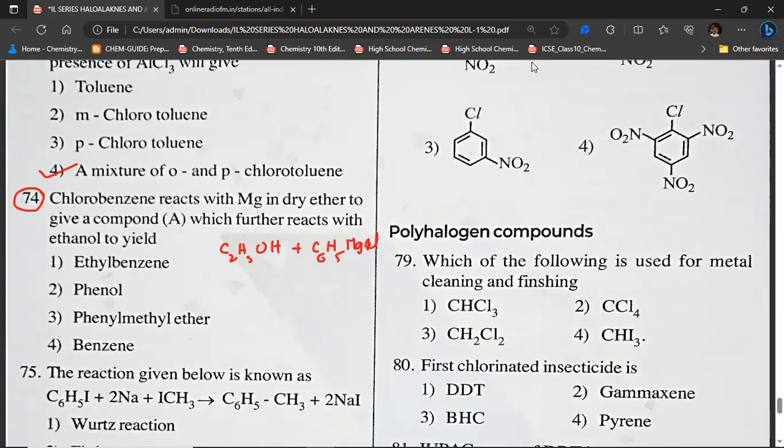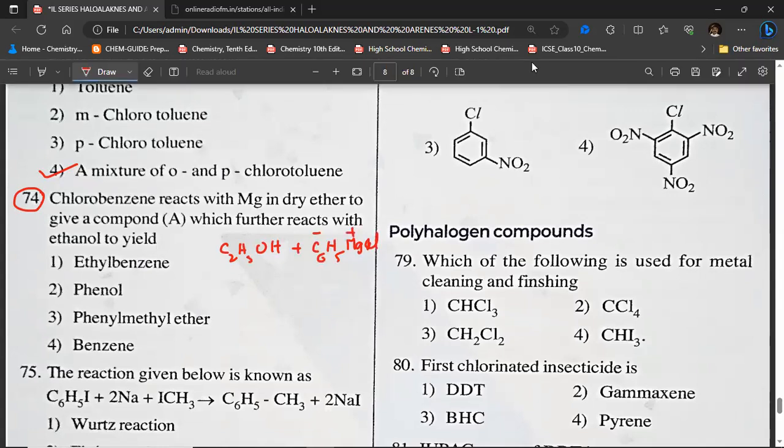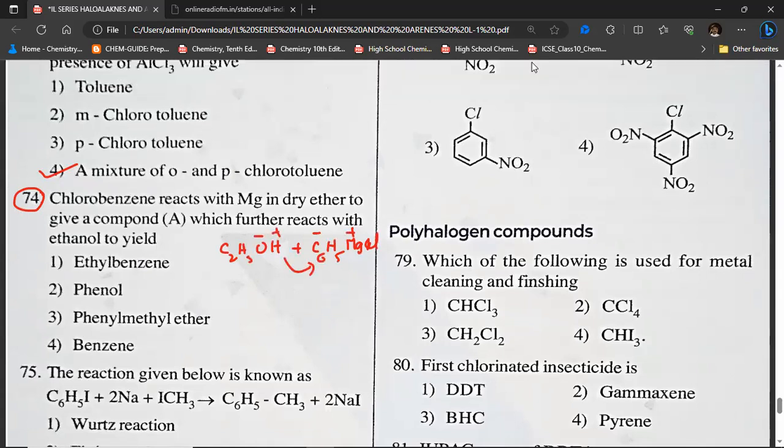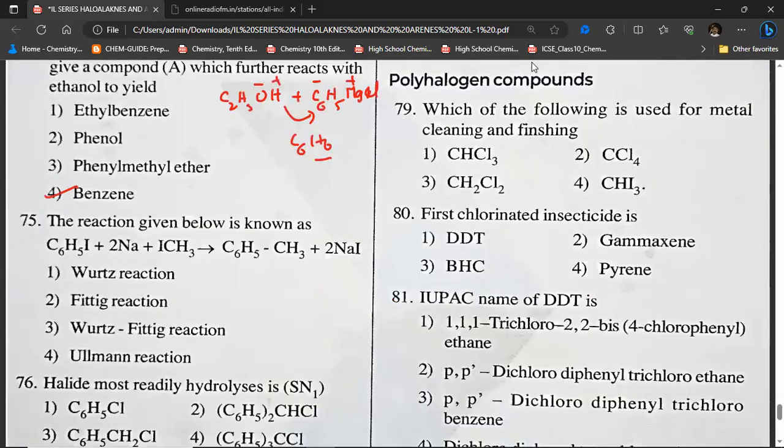In this, the MgCl part is positive and the C6H5 part is negative. In C2H5OH, C2H5O is negative and H is positive. So this H plus meets with C6H5 and forms C6H6. That is the right option for this question. C6H6 is nothing but benzene.